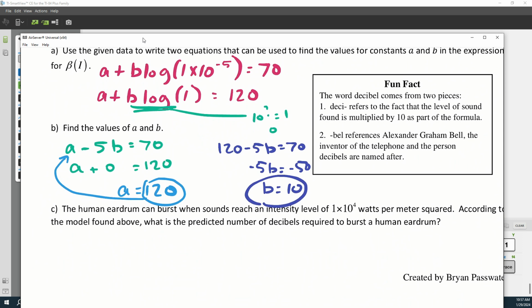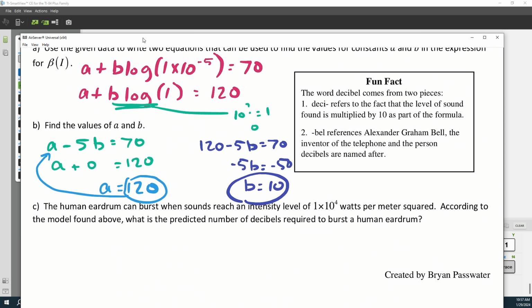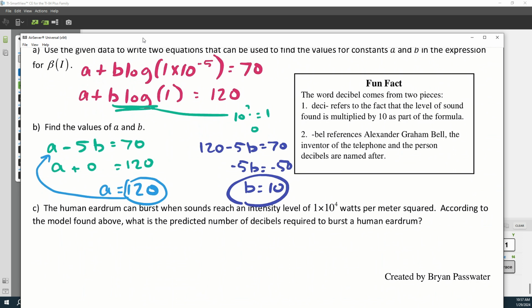All right, and then for C, the human eardrum can burst when sounds reach an intensity level of 1 times 10 to the fourth watts per meter squared. According to this model, what is the predicted decibels required to burst a human eardrum? So they just want us to take that equation we found and put in 1 times 10 to the fourth, which is basically just 10 to the fourth.